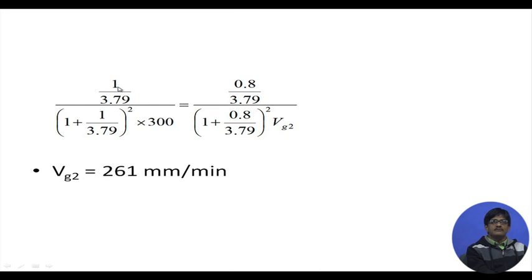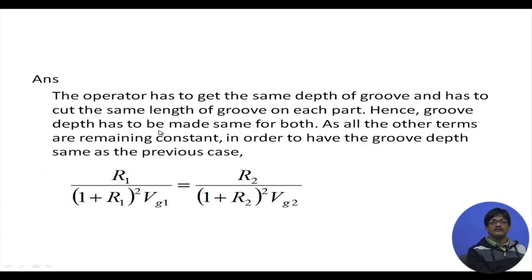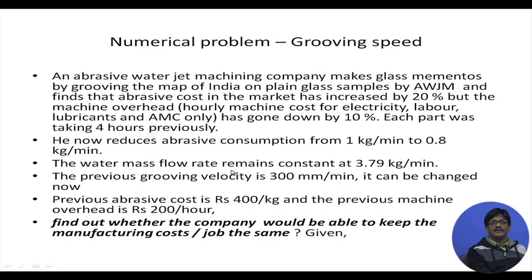1 kg by 3.79 kg, which is the abrasive mass flow rate divided by the water mass flow rate, divided by 1 plus R whole square, which means 1 plus 1 by 3.79 whole square, multiplied by the speed of cutting, 300 millimeters per minute.